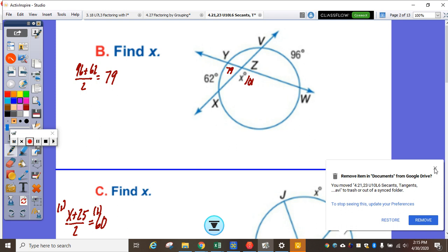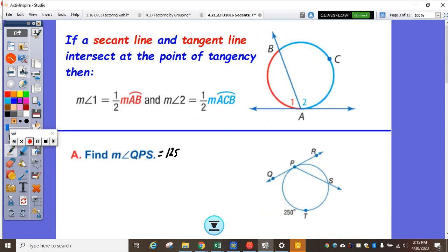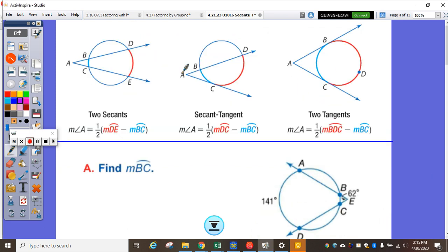So we're going to do the same thing, but in this case, now we're going to intersect outside of the circle. So you have two secant lines that intersect outside of the circle, a secant and tangent line that intersect outside of the circle, and two tangent lines that intersect outside of the circle. And because they're outside of the circle, unlike before when they were intersecting inside of the circle and you added the two arcs and divided by 2, this time we're going to subtract the two arcs and divide by 2.